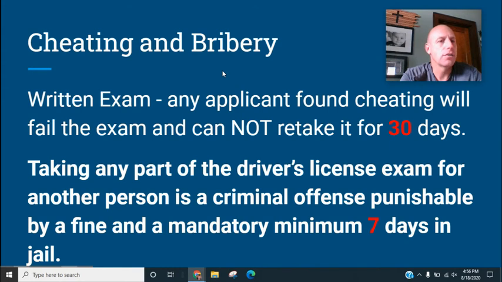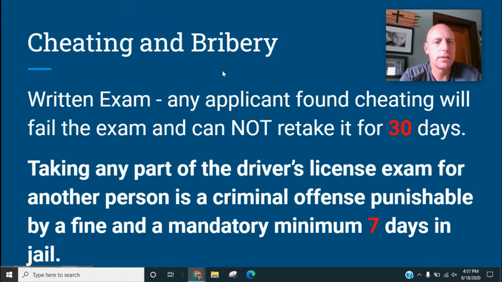It's tempting sometimes in life to take the easy way out and cheat on a test or a homework assignment, and there are consequences if you do. The consequences for cheating or bribery, which we'll talk about in a second, on any part of the driver's license exam are pretty steep.